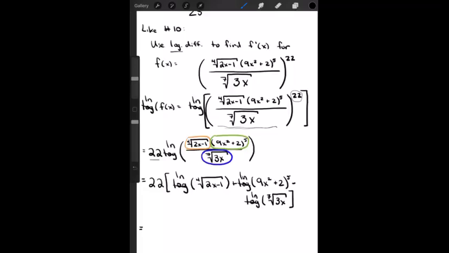So, is this as simplified as we want it to be?